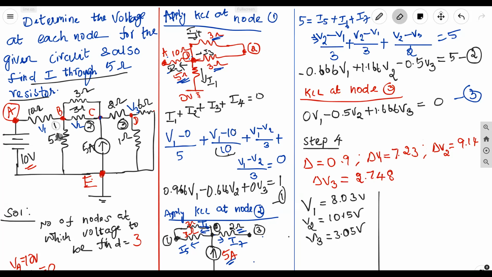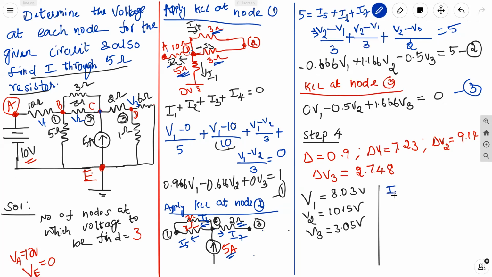So the current through 5 ohm is connected between node 1 and node E. Node E voltage is already 0, so it is going to be V1 minus 0 divided by 5.